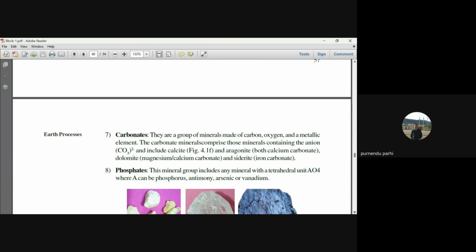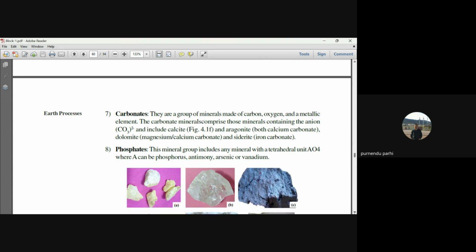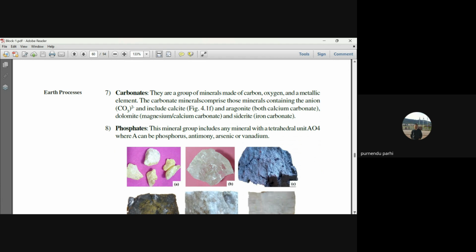The carbonate minerals comprise those minerals containing the anion CO3 2-, and include calcite and aragonite. Then the phosphates. This mineral group includes any minerals with a tetrahedral unit of AO4, where A can be phosphorus, antimony, arsenic or vanadium.